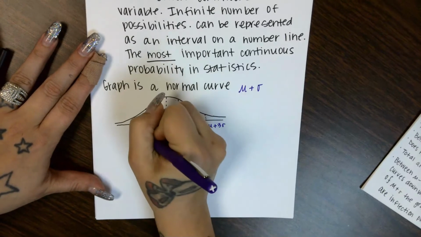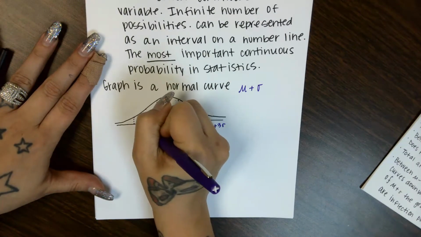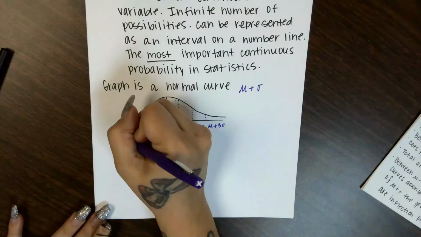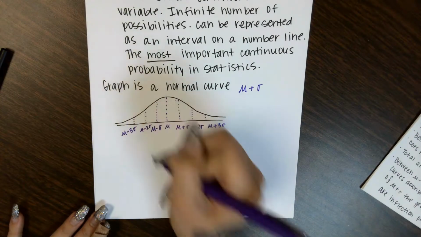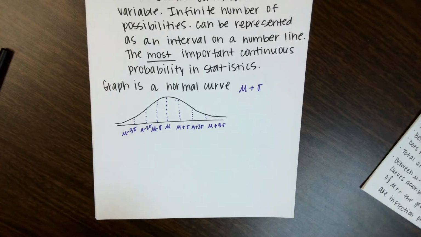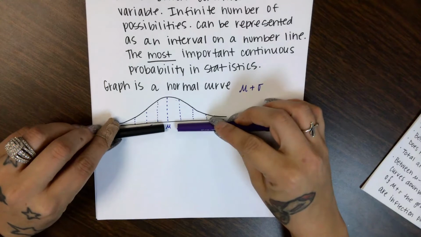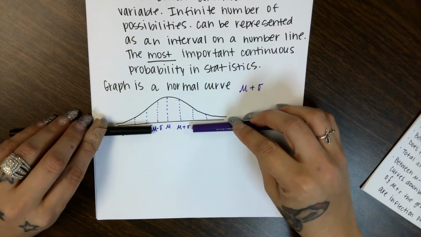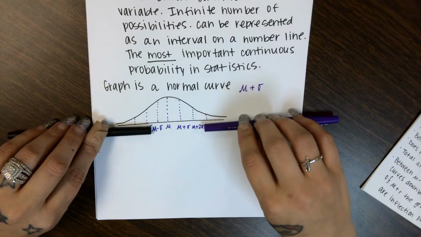And obviously my marker doesn't really allow me to write very big, so I'm kind of at an angle. But that's going to be your normal curve. So right there in the middle I have my mean, and then on either side of it I'm either subtracting or I'm adding a standard deviation, and then I do it again, and then I do it again.